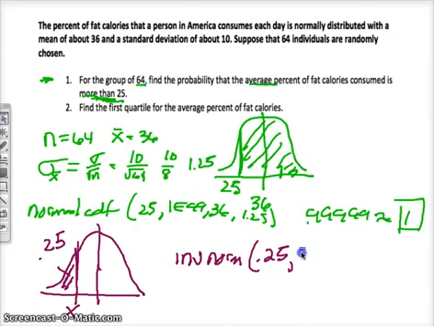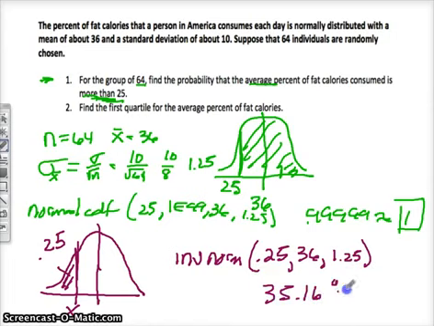The mean we know is 36. 36, and then the standard deviation now I'm going to use because it's talking about my sample, okay? I'm going to write that, and when I multiply that out, I will get 35.16. 35.16, what? Percent. Okay, we should really write the answer out in words, but that's what we're going to do right now.